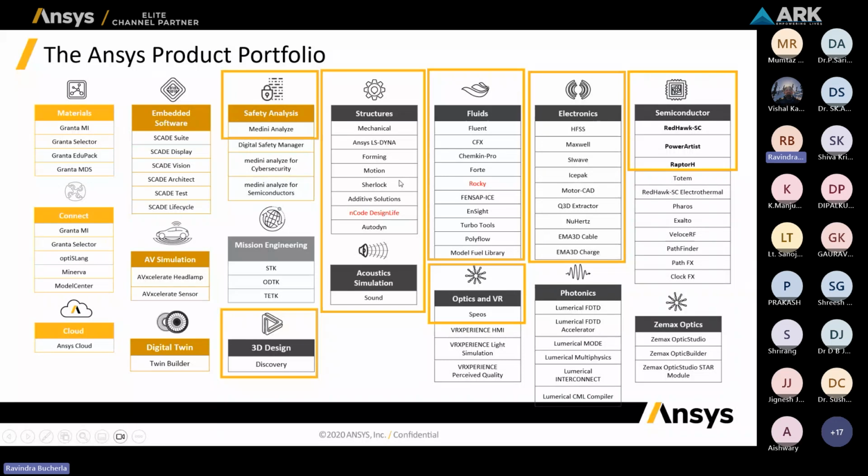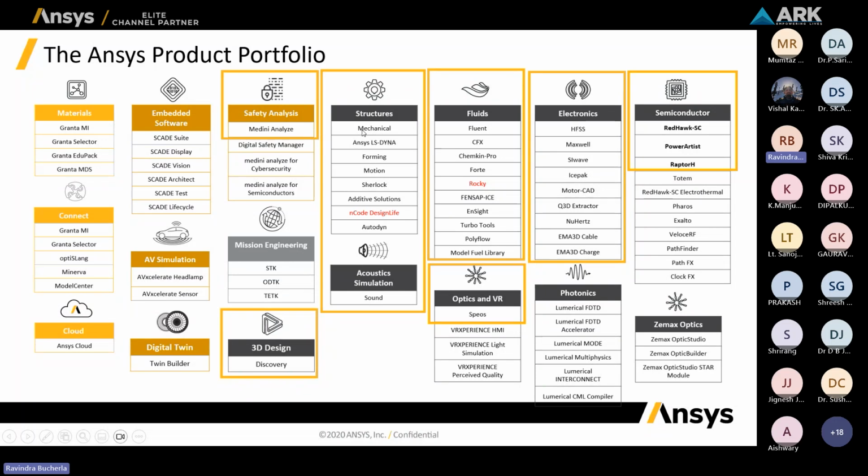So these are the different physics that we can solve, and we have a cloud platform, and for materials we have advanced materials where we will be getting more than 4,000 plus materials to solve any problem related to any of these physics. And in this webinar, we majorly focus on Ansys Mechanical.